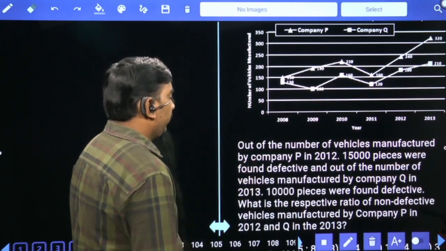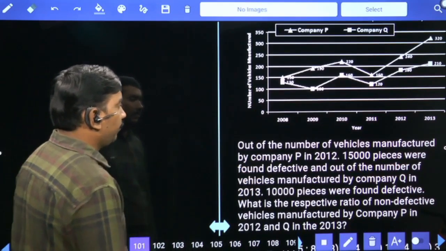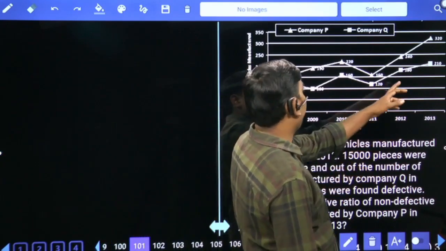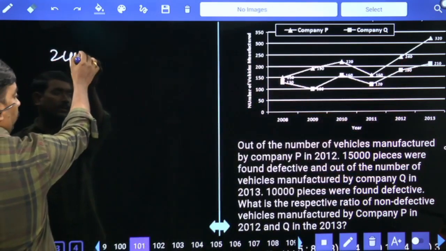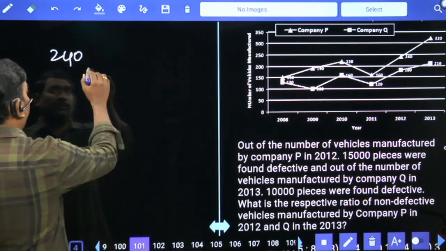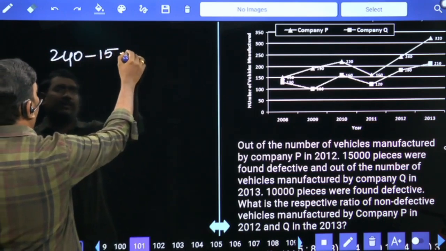Out of the number of vehicles manufactured by Company P in 2012, 240,000, 15,000 pieces were found defective. Their non-defective are 225.